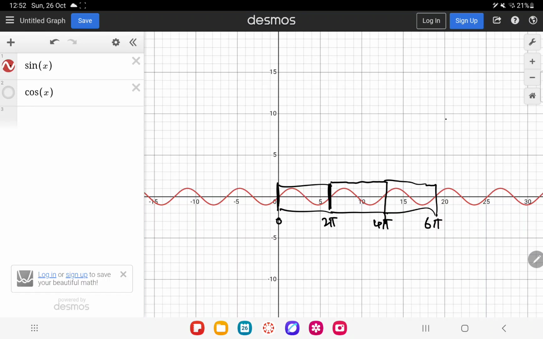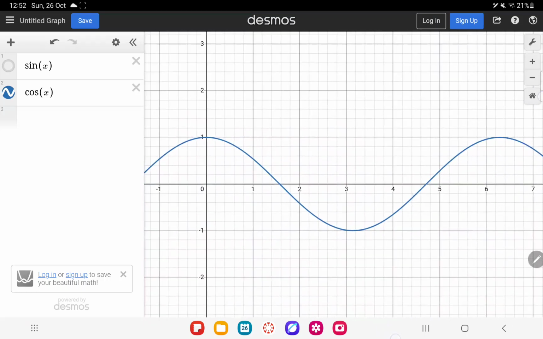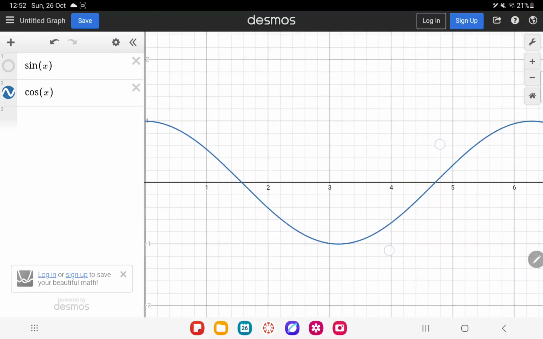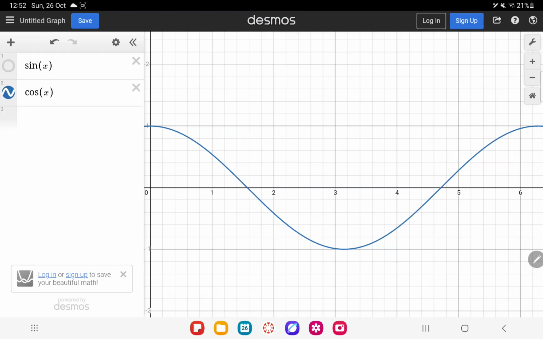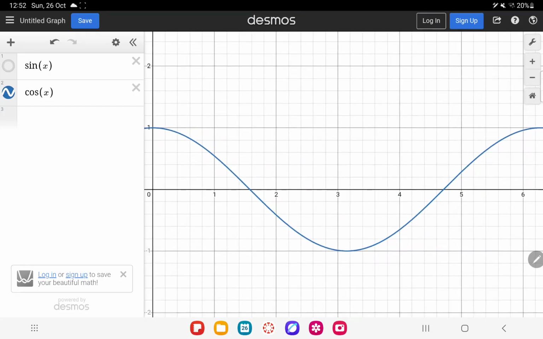Now same thing when you have a cosine graph. This is the part that we have looked at so far. We have very specifically looked at this part of the graph, where this is 0 and this is 2 pi.